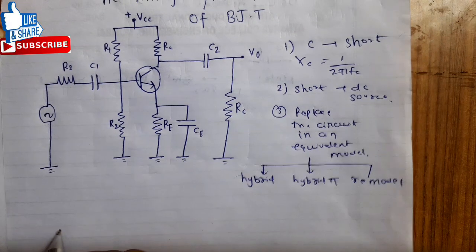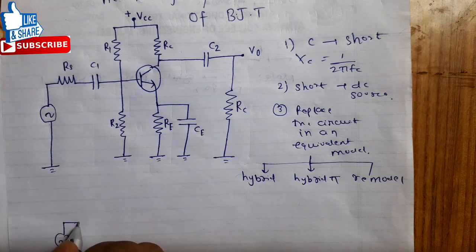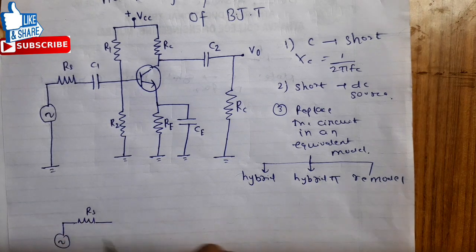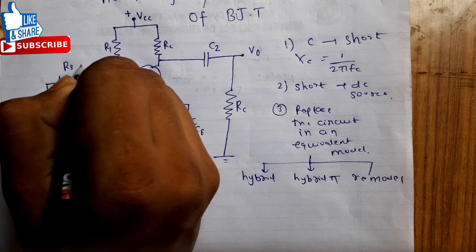Now I am going to redraw this circuit by short circuiting the capacitor, and the DC source should be grounded.